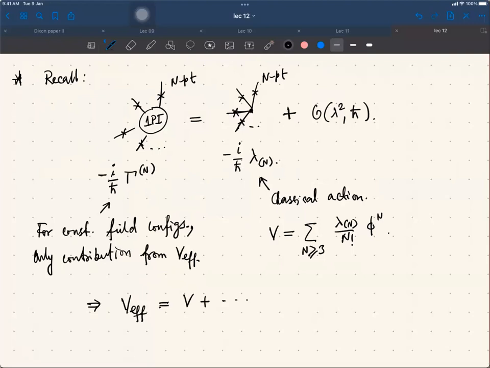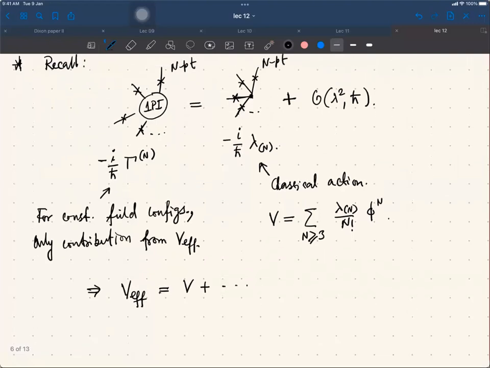So therefore this justifies the name effective potential, because classically the effective potential is the same as the classical potential.